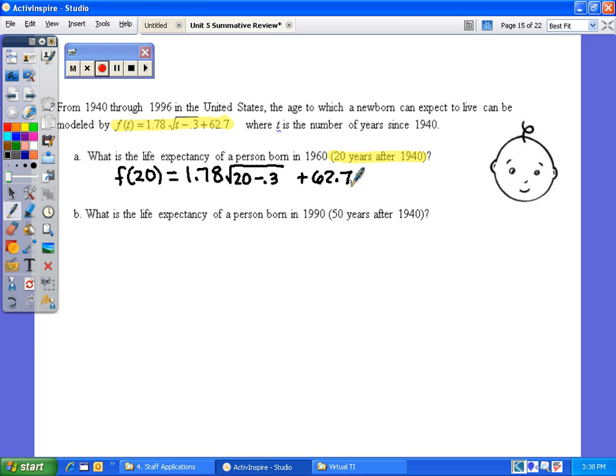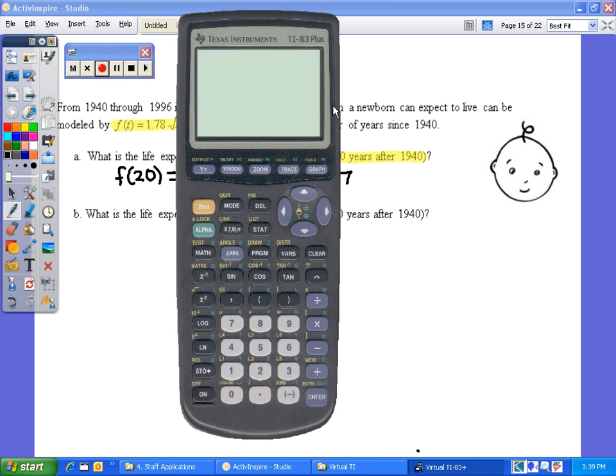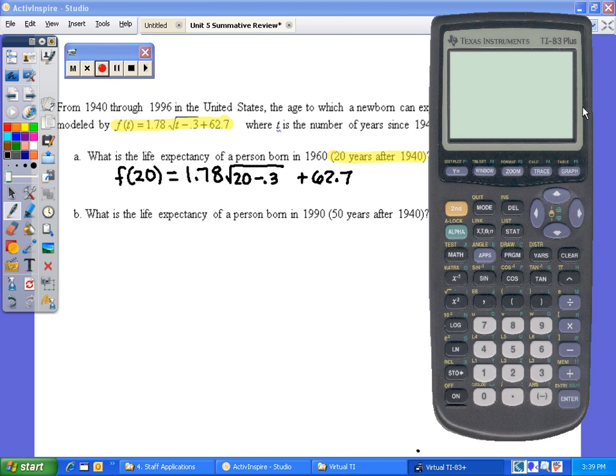Now when you put this in your calculator, make sure that only that piece is in the parentheses. So I'm just going to show you real quick how you would put it in your calculator, because I know you guys have a problem sometimes putting stuff correctly. So you're going to put 1.78. Remember, that is not a root. It's an actual number.